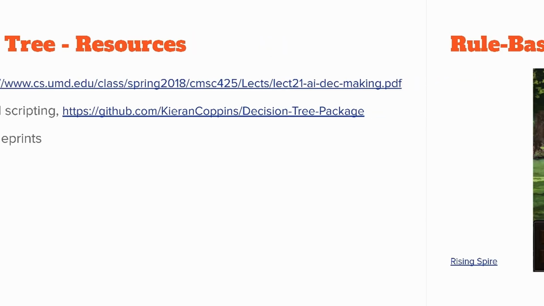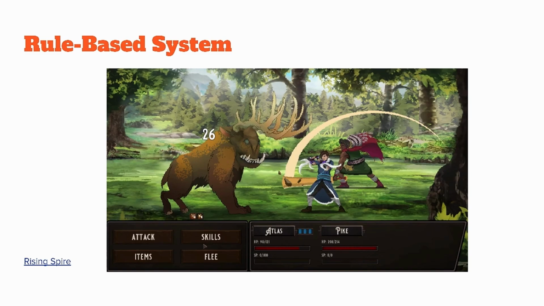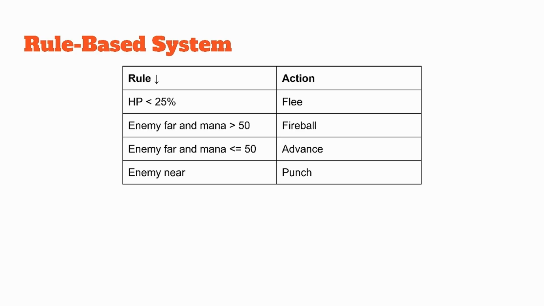So the next type of AI is called a rule-based system. Here's another example of where you might use a rule-based system. A rule-based system just has a list of rules to follow that tell it which action to take. It typically goes through these in some kind of priority order. For example, the first rule here is if your hit points are below 25%, you just run away.